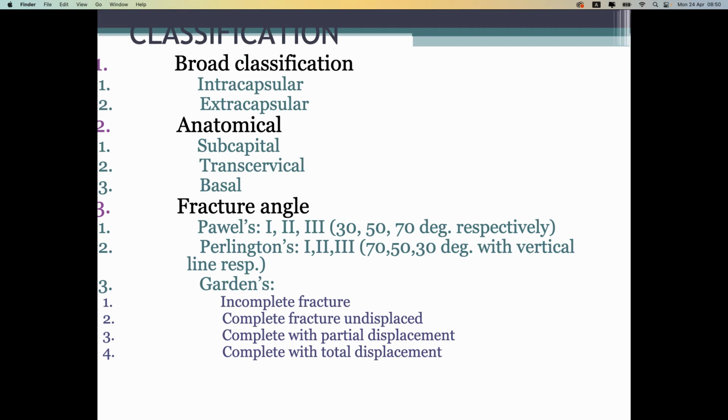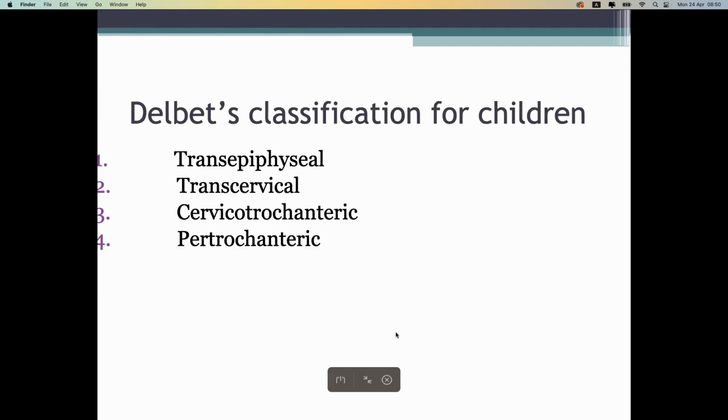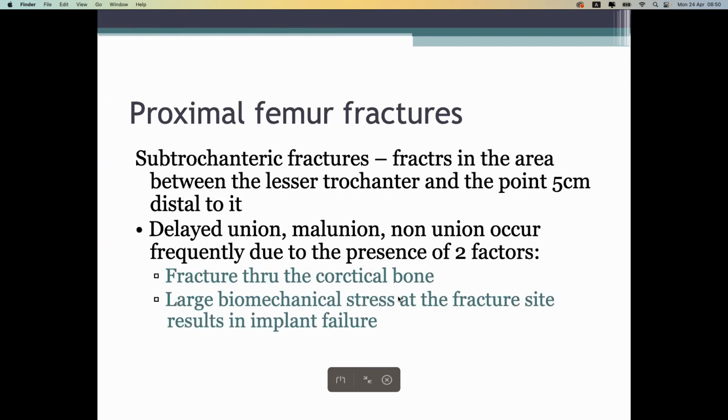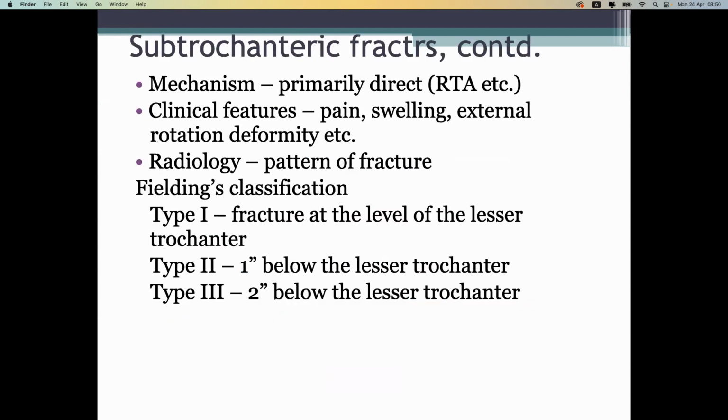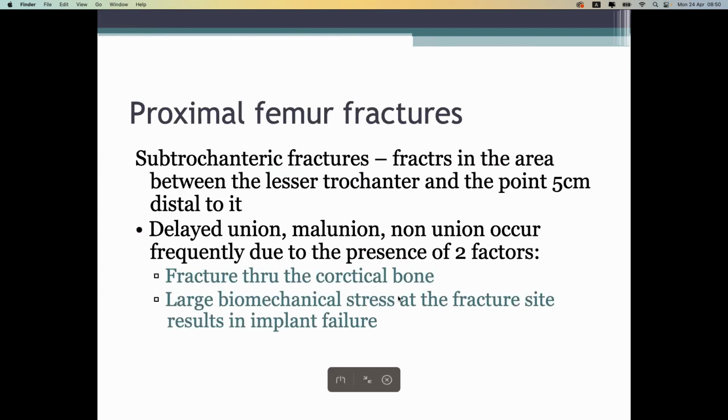In this chart, it's given 4, maybe 5 types of classification, but anatomical, Pauwels', and Garden's, that's enough. Okay, let's take a look at what is next. So classifications are finished.